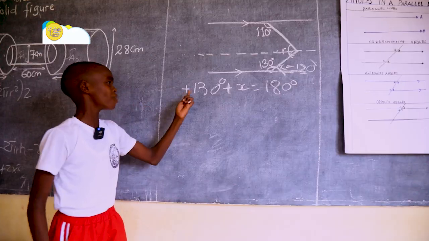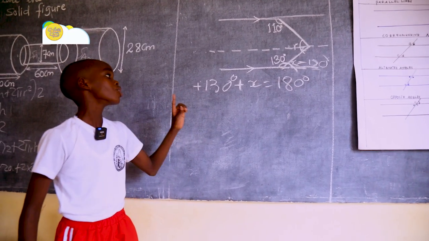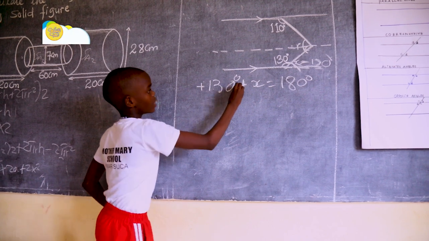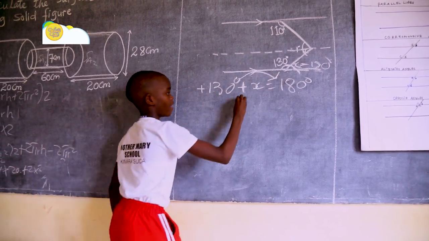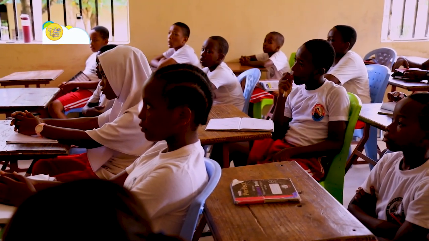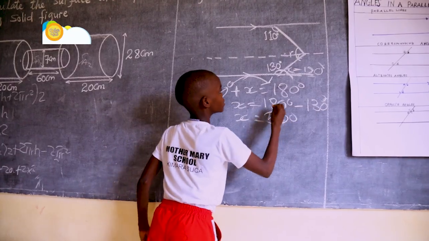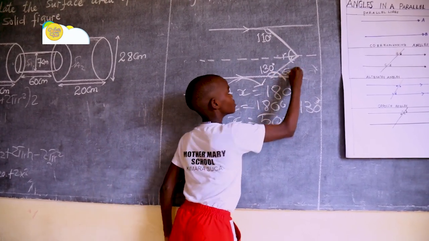Many people wonder how this positive came here. Positive can be either written or not written. When it crosses the equal sign, the sign changes into negative. Therefore, x is equal to 180 degrees minus 130 degrees. x is equal to 50 degrees.